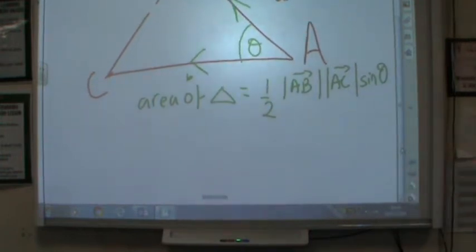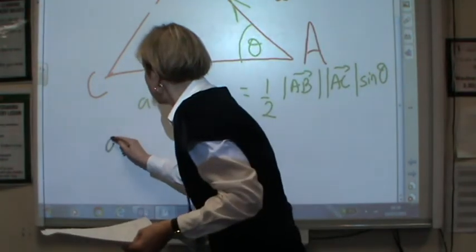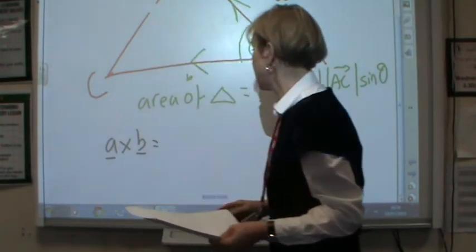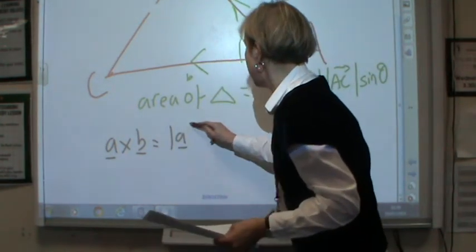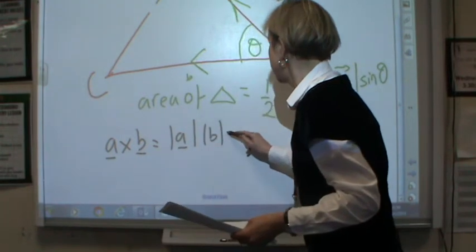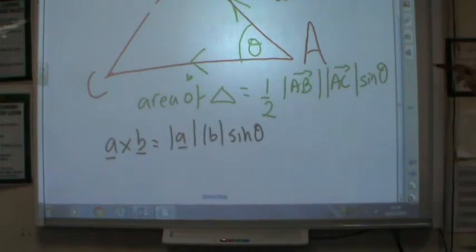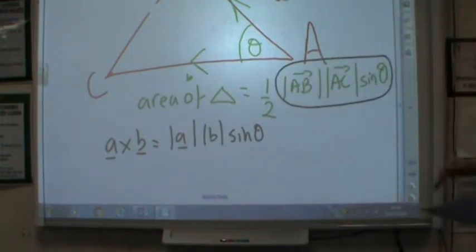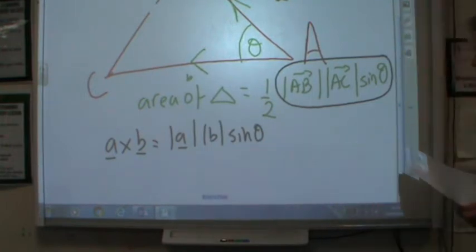Now, let's compare that with what we wrote down a moment ago about our vector product. We know that the vector product of A times B is the modulus of A, the modulus of B, sine theta. That's exactly the same as what we've got there with our two vectors.